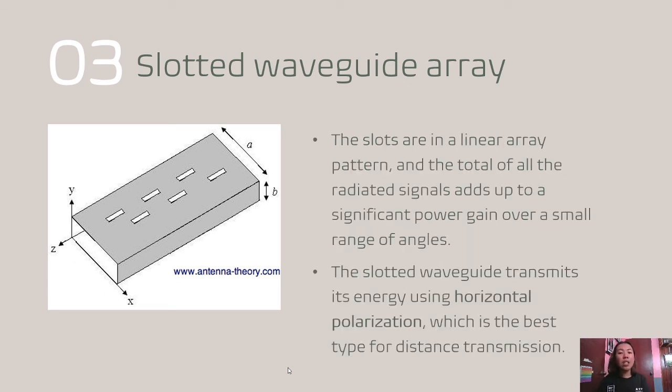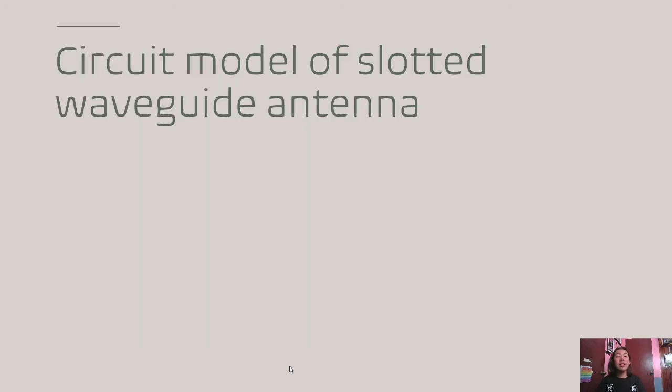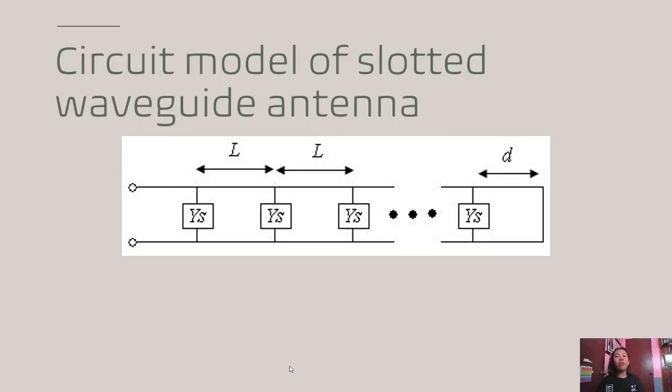The slots are in a linear array pattern, and the total of all the radiated signals adds up to a significant power gain over a small range of angles. The slotted waveguide transmits its energy using horizontal polarization, which is the best type of polarization for distance transmission.